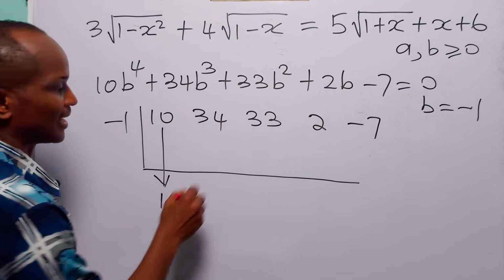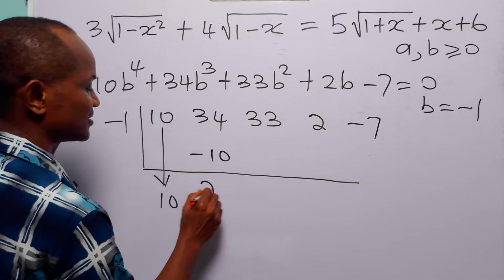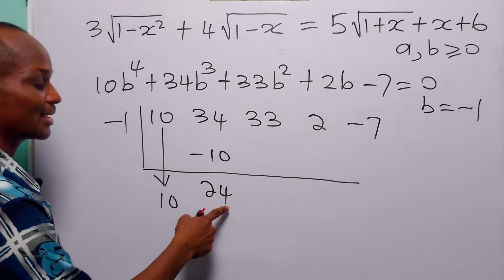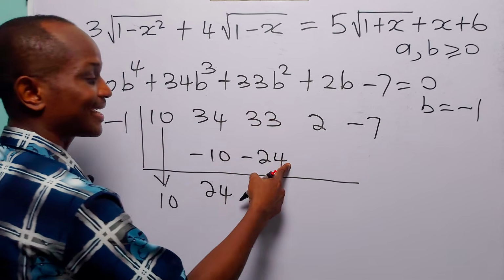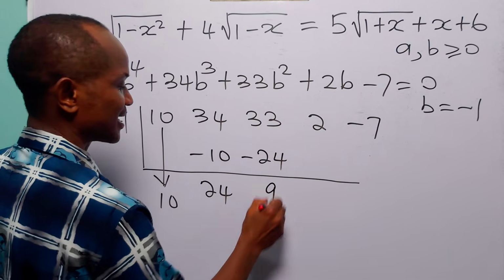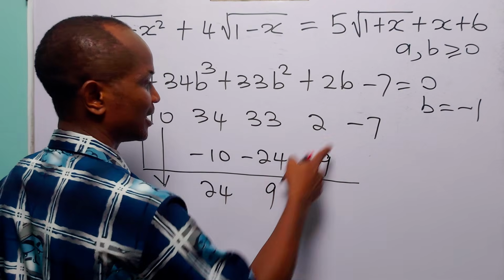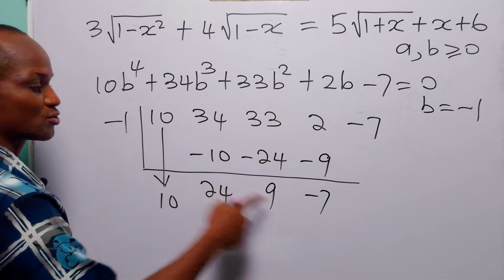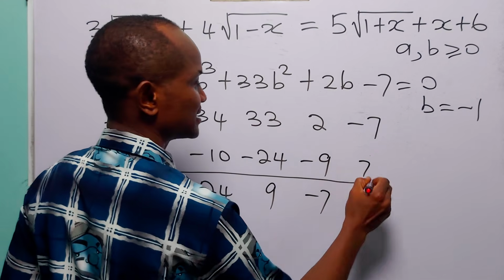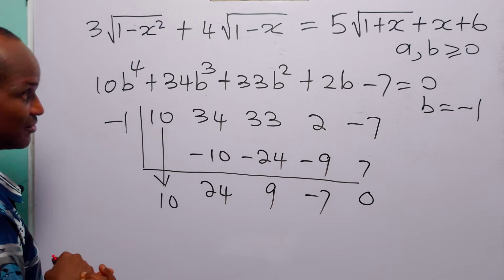Minus 1 times 10 is minus 10. 34 minus 10 is 24. Minus 1 times 24 is minus 24. 33 minus 24 is 9. Minus 1 times 9 is minus 9. 2 minus 9 is minus 7. Minus 1 times minus 7 is 7. Minus 7 plus 7 is equal to 0.